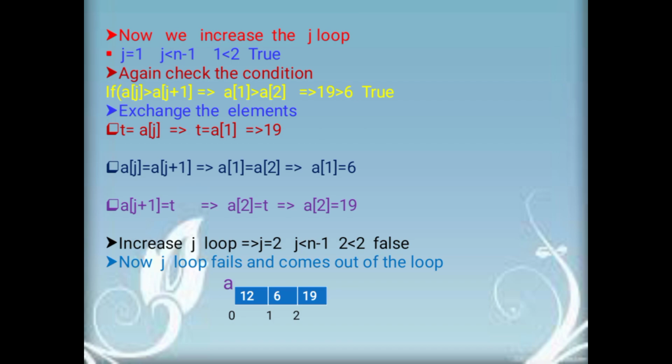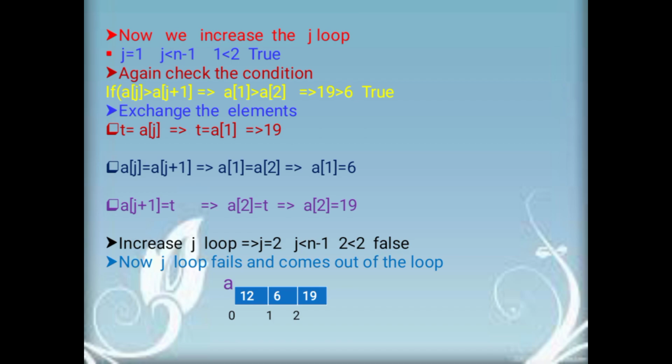In the temporary variable, we are again storing the 19, in A of 1 position we are storing the 6 element, and in A of 2 position we are storing the 19 element. So again we increase the j loop. j is equal to 2. 2 is less than 2. It is false. Now the j loop fails and comes out of the loop.